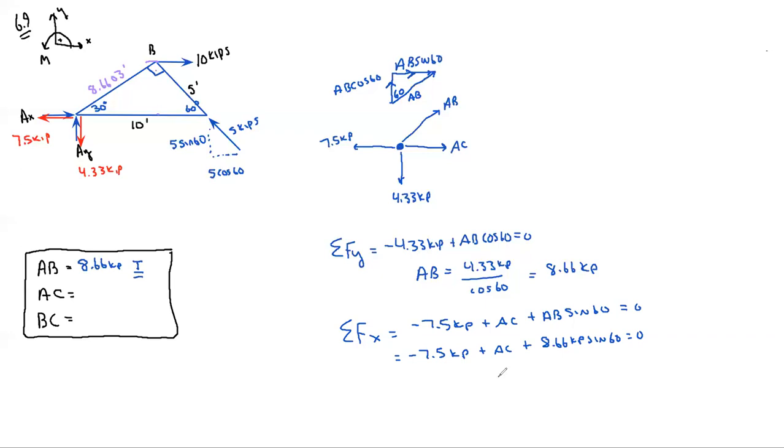Solving for AC in this algebraic equation, we had AC is equal to what? AC is equal to 0 kips. That is interesting. We call that a zero force member. It is neither in compression or tension. It is 0 force. There's no force in AC.